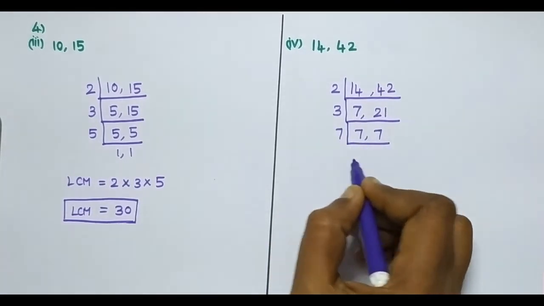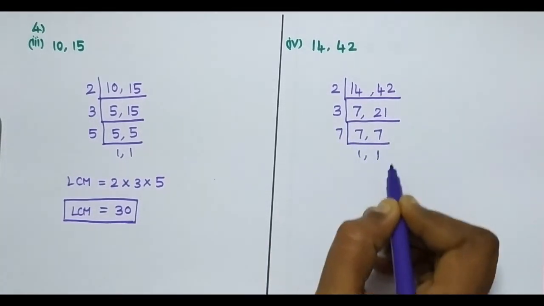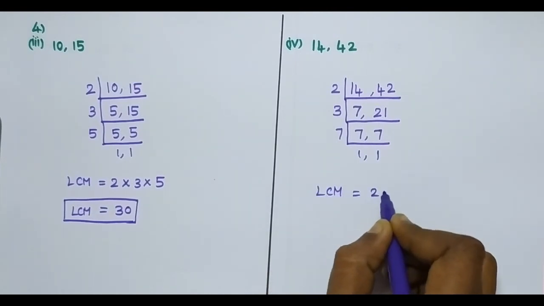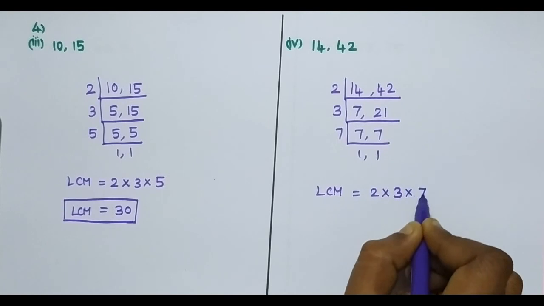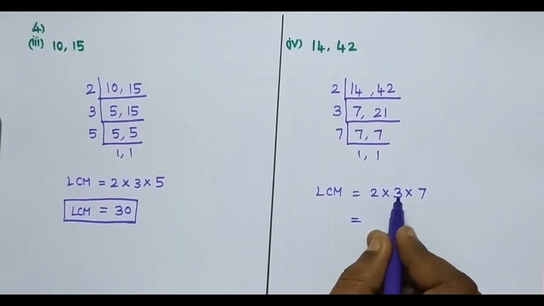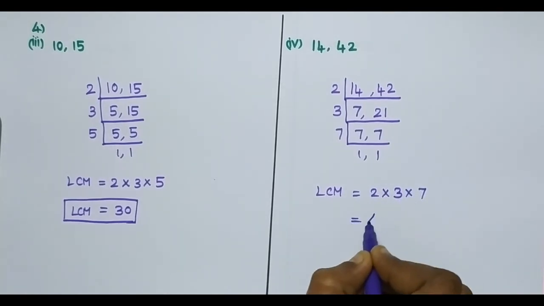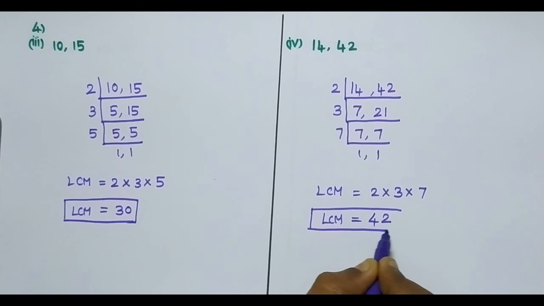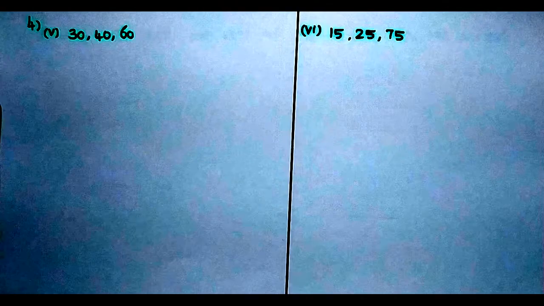So 7 divided by 7 means we get 1, 1. Now LCM equal to 2 into 3 into 7. 2 3s are 6. 6 7s are 42. So LCM equal to 42. That is the answer.